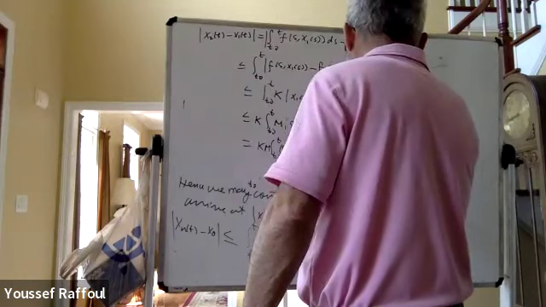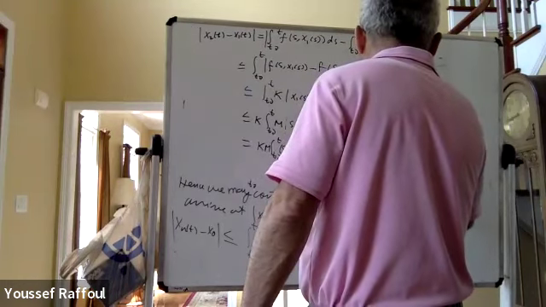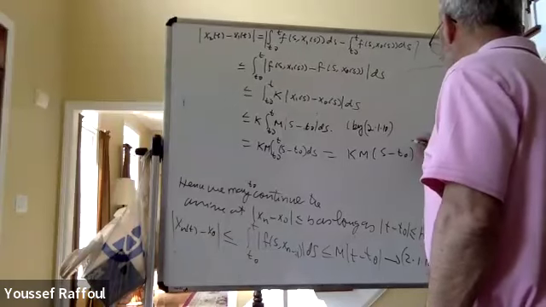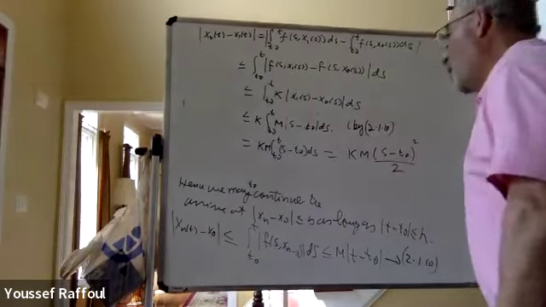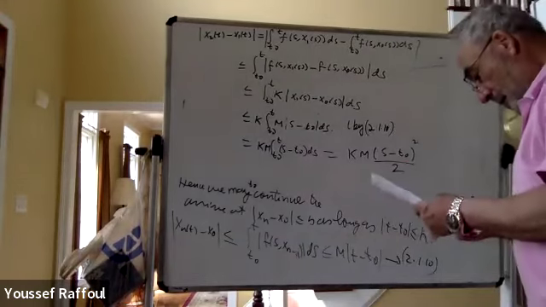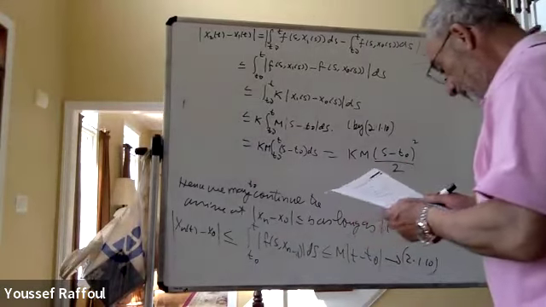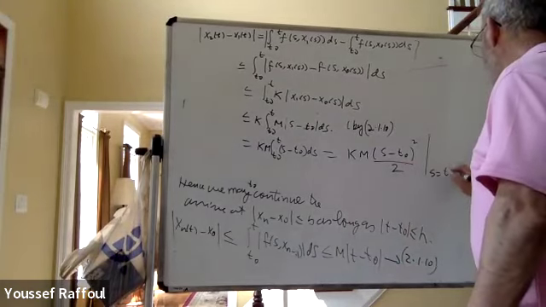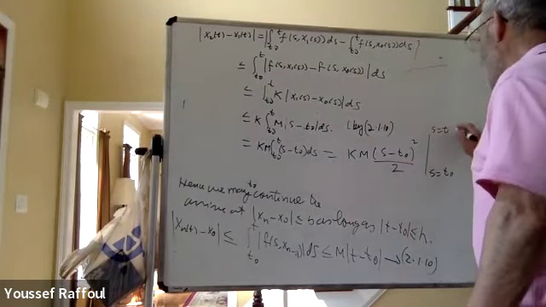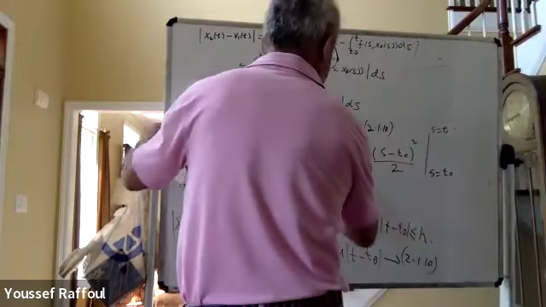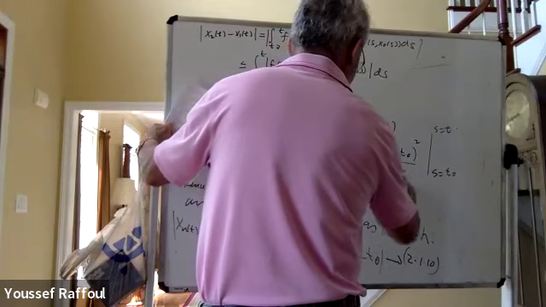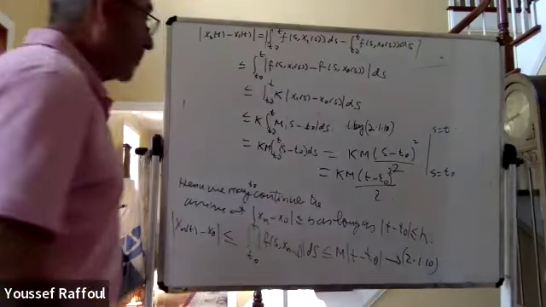Now I can integrate this as km(s minus t naught) squared over 2, from s equal t naught to s equal t, and that is equal to km(t minus t naught) squared over 2. You see what I did?